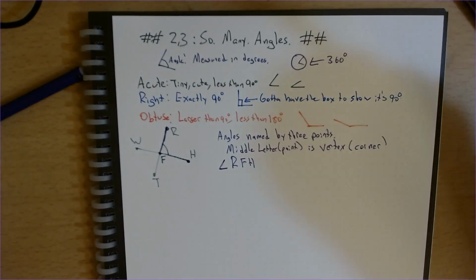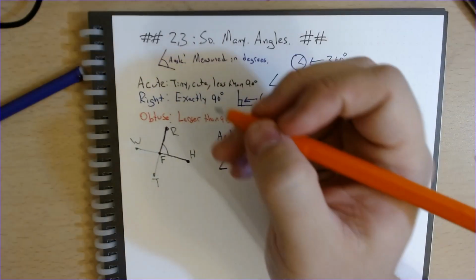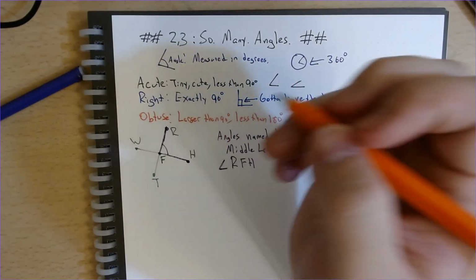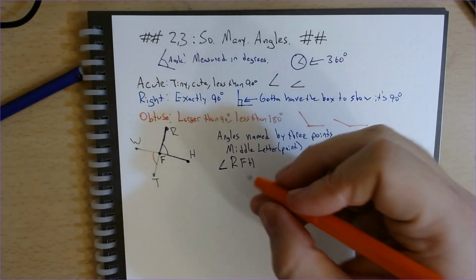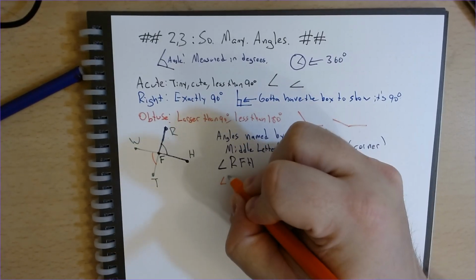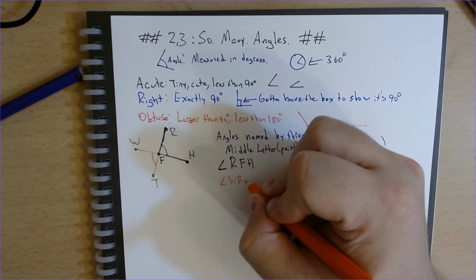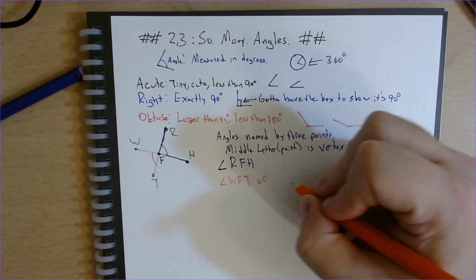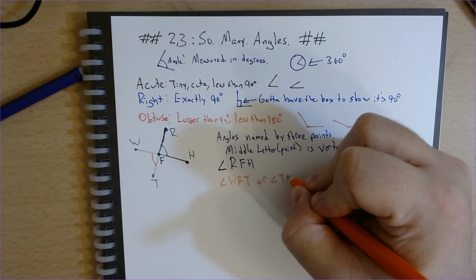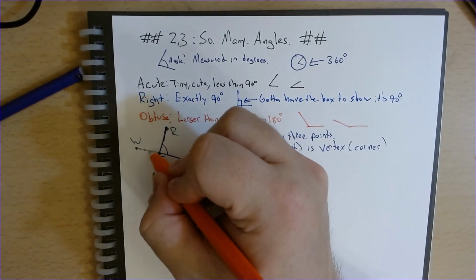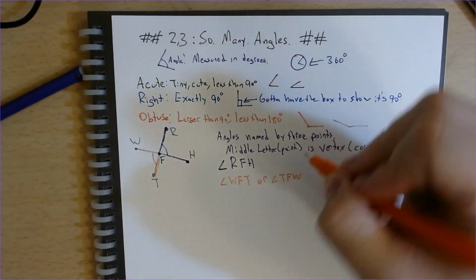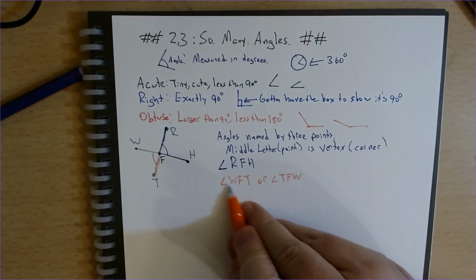If I'm looking for this angle here, it would be angle WFT, or TFW. It doesn't really matter, it's just which direction you go. So you label angles with the little angle symbol and by three points.